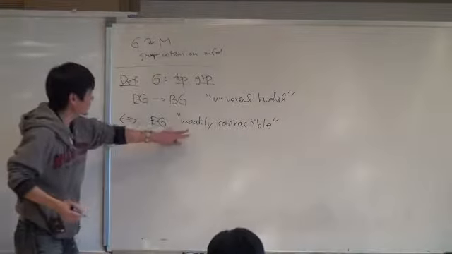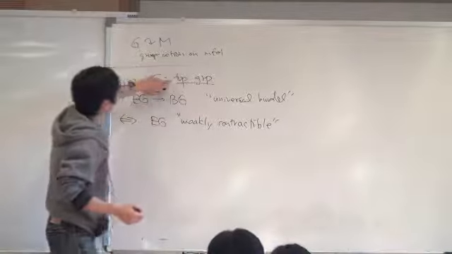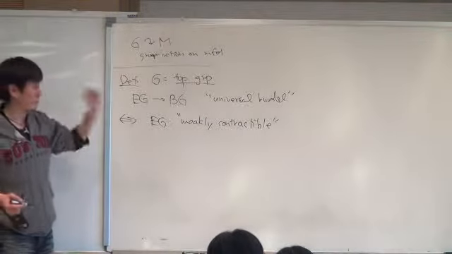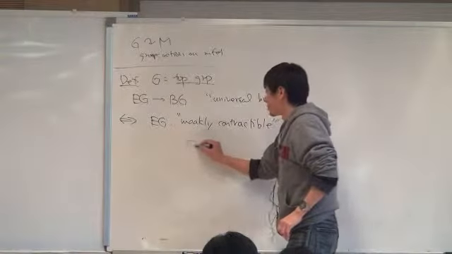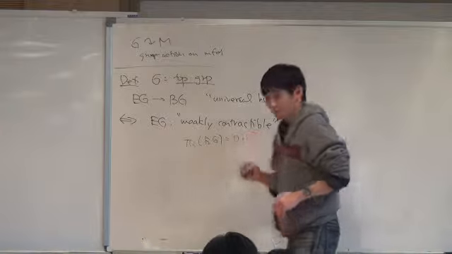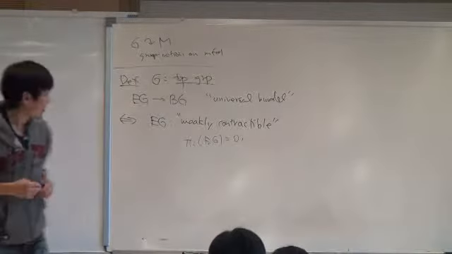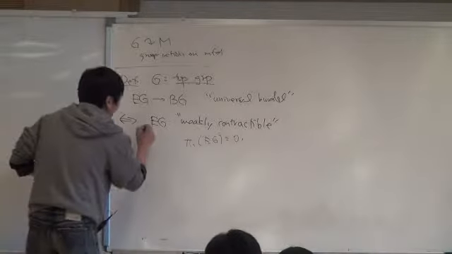I don't really care about this weakliness because most of the time it's just contractible. But technically, when you start with a general topological group, this is the definition: weakly contractible, which means that all the homotopy groups are trivial. And this happens when it's contractible. That's one thing.